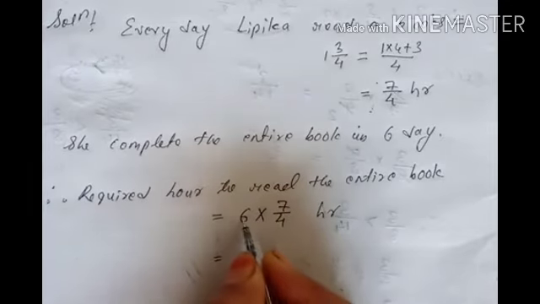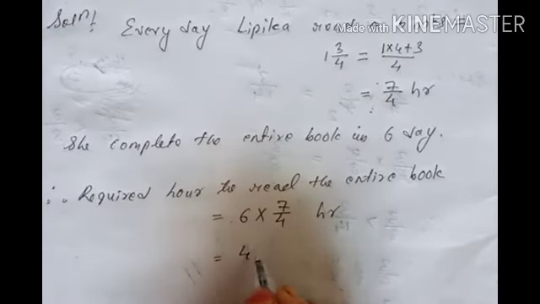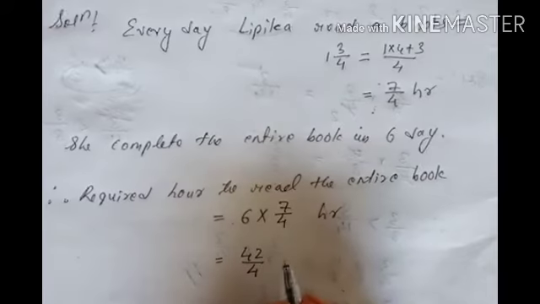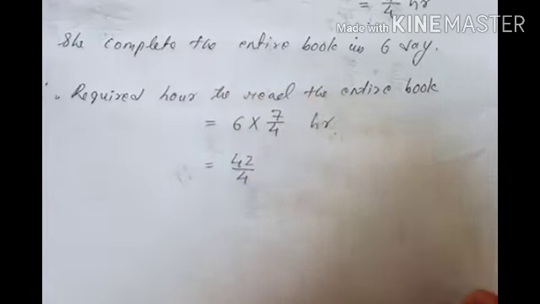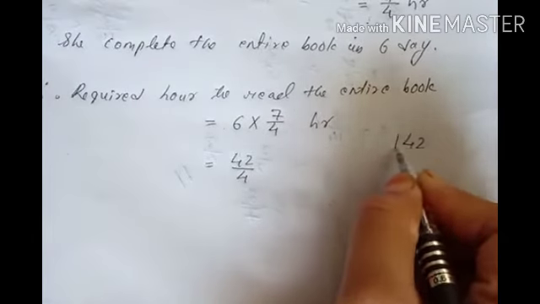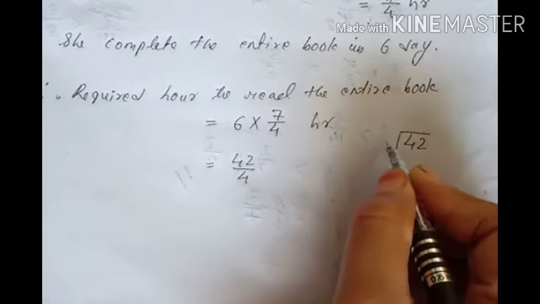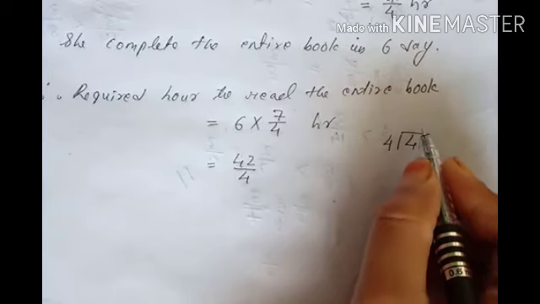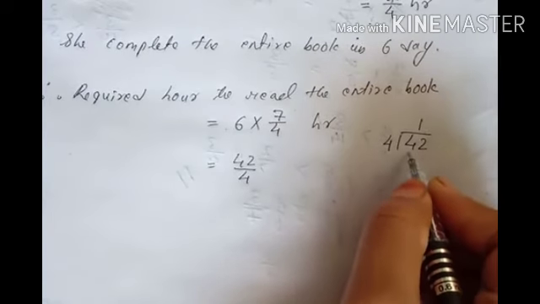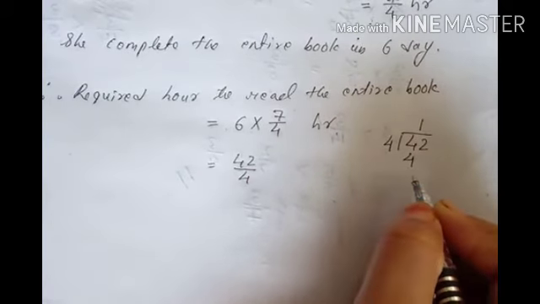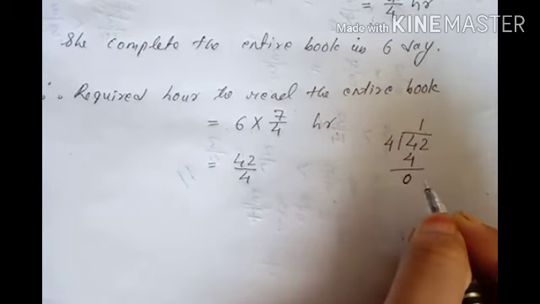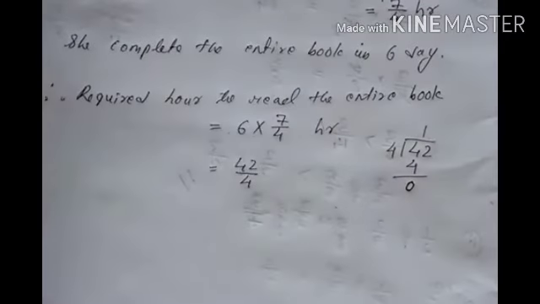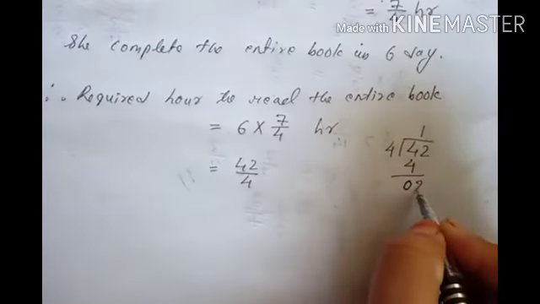So if you multiply, you will get 42 upon 4. 42 upon 4. Now how will you write this as a mixed fraction? By dividing. 42 you divide by 4. Then 4 1s are 4, isn't it? 40. Now 2 you take down, isn't it?